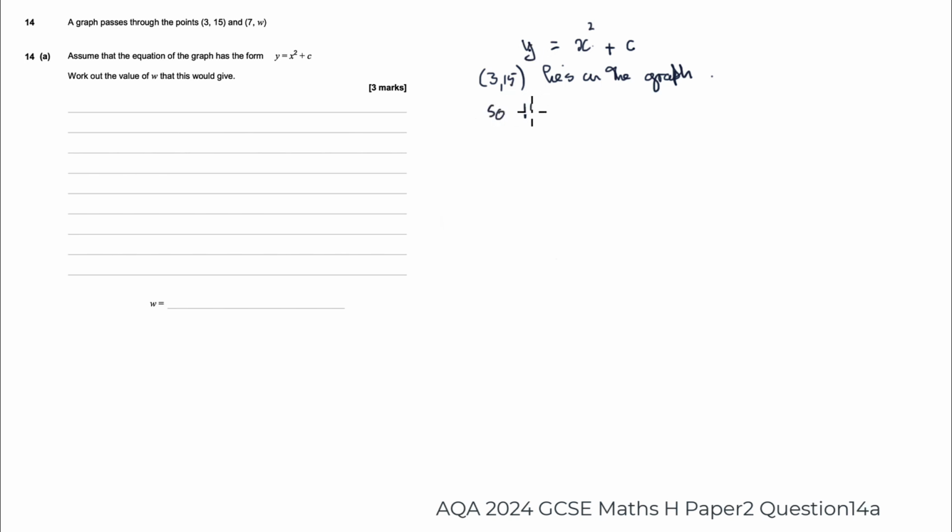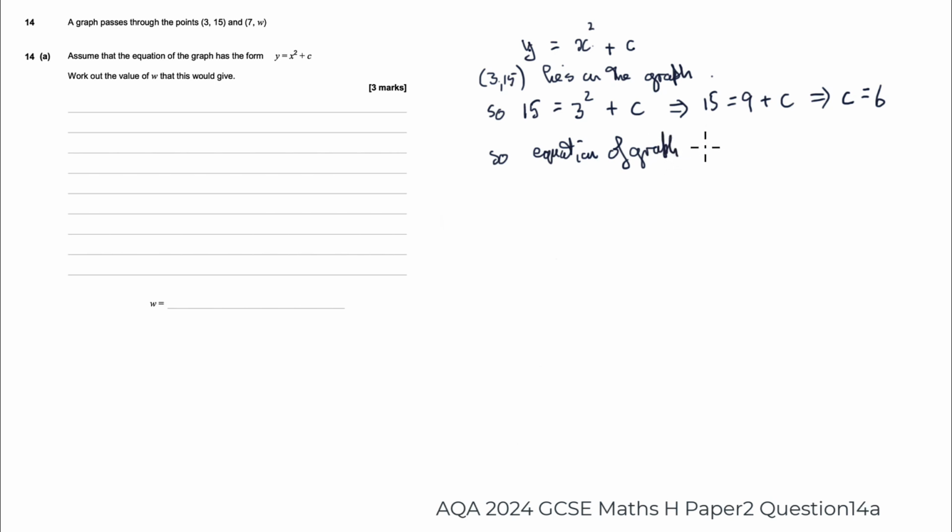So replace y by 15, replace x by 3, that'll be true. So 15 will be 9 plus c. If we take away 9 from both sides of that equation, we'll be left with c being 6. So the equation of the graph we now know is y equals x squared plus 6. That's what we've discovered.